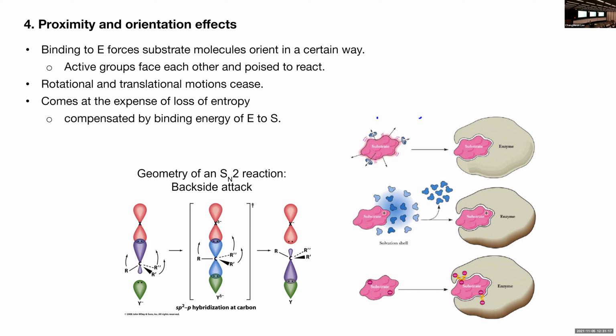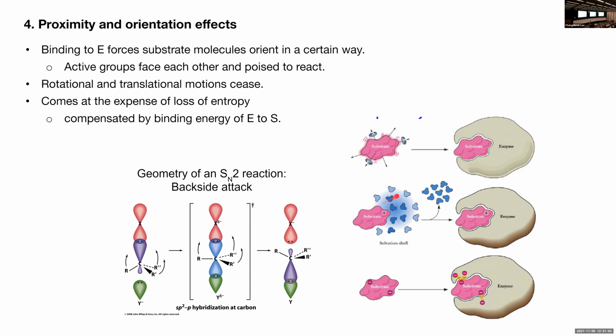But this loss of entropy can be compensated or recovered by the binding energy between the E and S to form the transition state, because it can easily make the transition state. So you can have positive-negative interactions, or polar-to-polar interactions, non-polar-to-non-polar interactions, and so on, which can lower the internal energy, or the energy that is used for such reactions.